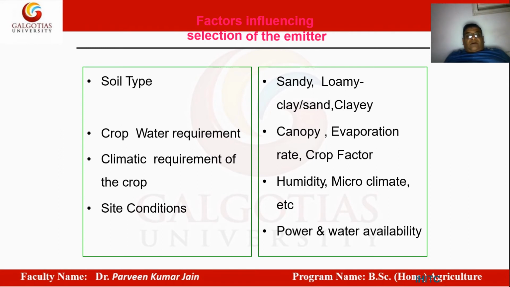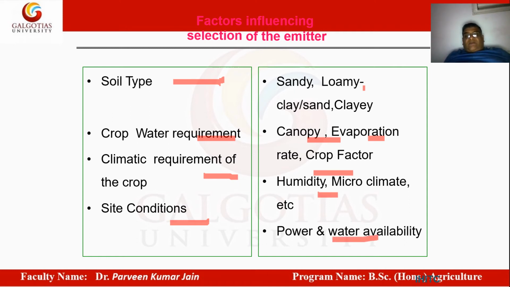Now, these are the emitters, or you can say the drippers. Their selection is based on soil type, crop water requirement, climate requirement, and site selection, whether the soils are sandy, clayey, or what. And the crop canopy and evaporation, the climatic factors, humidity, and water and electricity availability.